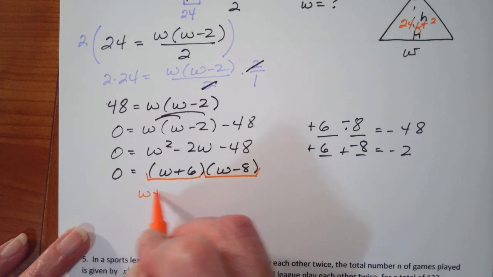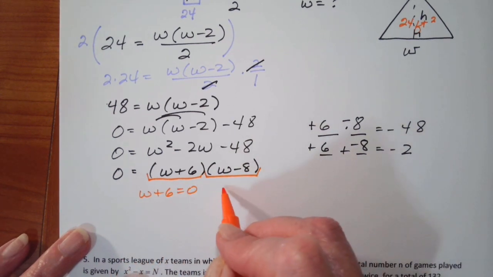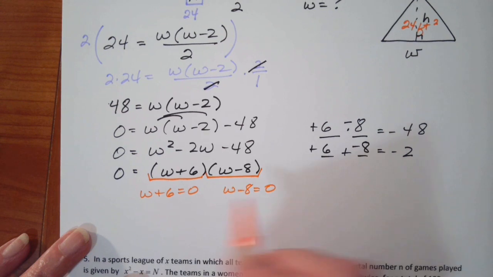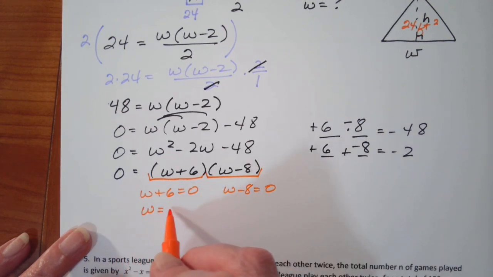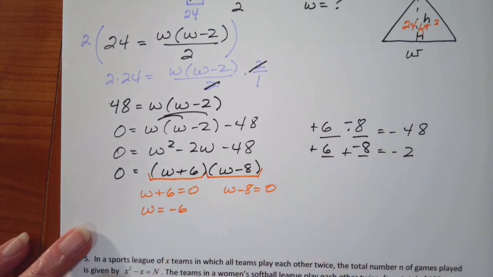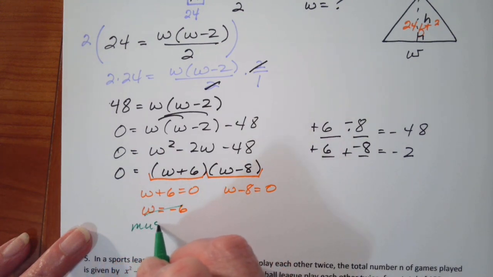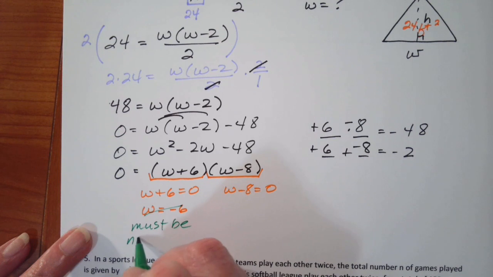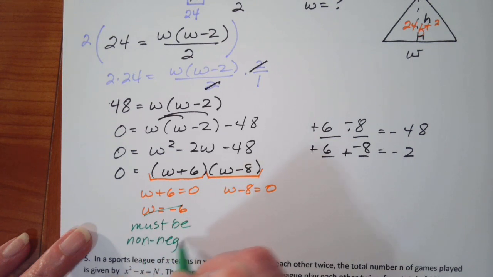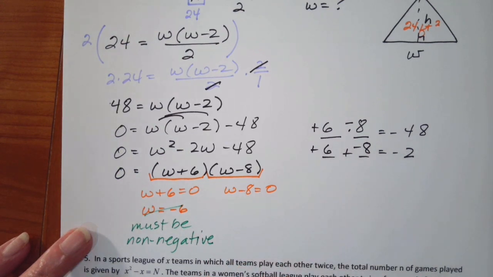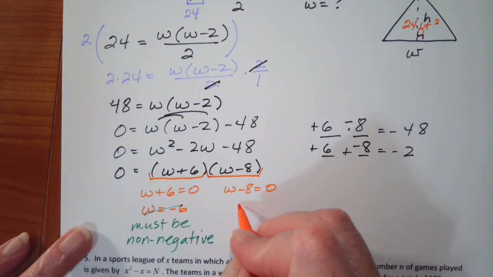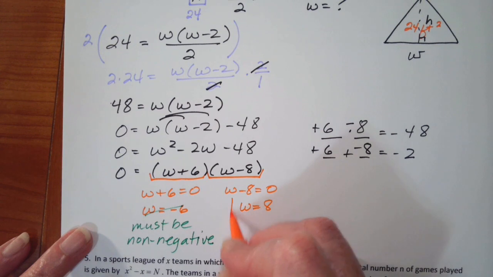So W plus 6 equals 0, or W minus 8 equals 0. Here W is negative 6. Must be non-negative. Again, it's a solution to the equation, but not a solution to the real-life situation. And W equals 8.